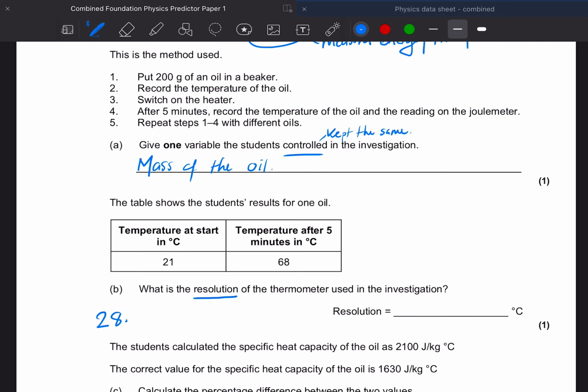In this case, I've got 21 and I've got 68. I could expect something like 73, but I wouldn't expect 72.9 because that's to another decimal place. So I would only expect numbers that go up by differences of 1 degree. So that's my lowest number, and we call that our resolution. So our resolution here is 1 degree Celsius.